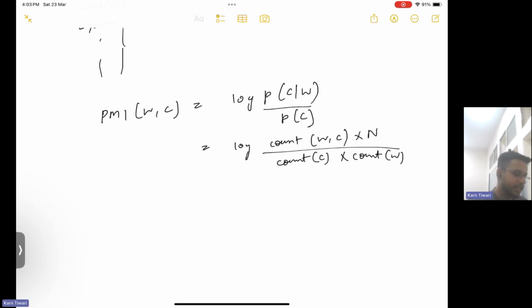So we are measuring the relative frequency of word and context given the total counts. We are given a corpus, divide it by a context length, for example 4, and count how many times this word and this context occur together. That gives the count of word and context. We can also count, over all the sentences, the total count of a particular context and the count of a particular word. And this N is just a normalizing constant.